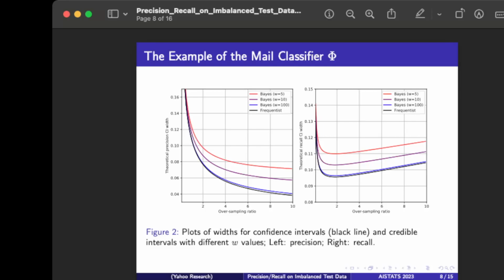For recall, on the right side of the figure, the width for both the confidence interval and the credible interval decreases first until the oversampling ratio S approaches a certain point, and then they slowly increase as S continues to increase. We also see the larger the variance W gets, the closer the Bayesian curve gets to the frequentist curve, denoted by the black plots.